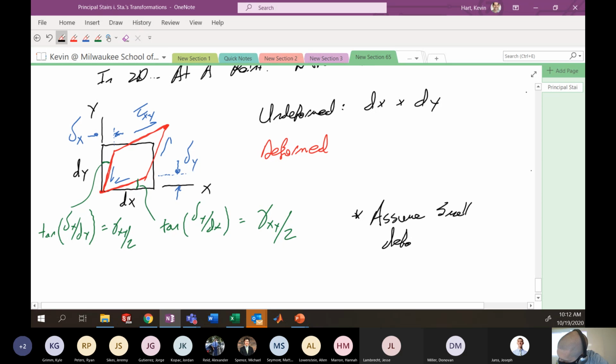Assume small deformations such that tangent of whatever we have inside there is equal to just whatever that is. All right, we want to be a little bit more specific. Maybe we'll say tangent of some arbitrary angle phi is some arbitrary angle phi.